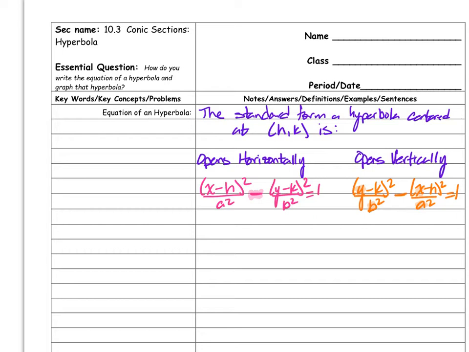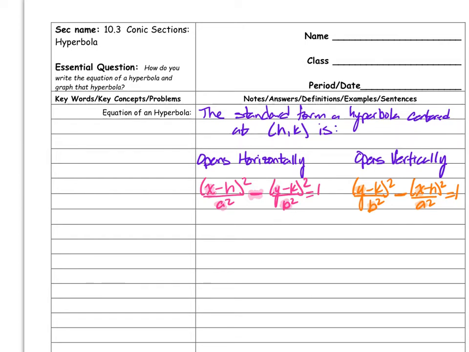So make sure that when you do these, you know the difference. And it will really come out when we are graphing this or trying to find the center of your equation from these. So that's going to be where the problem is.